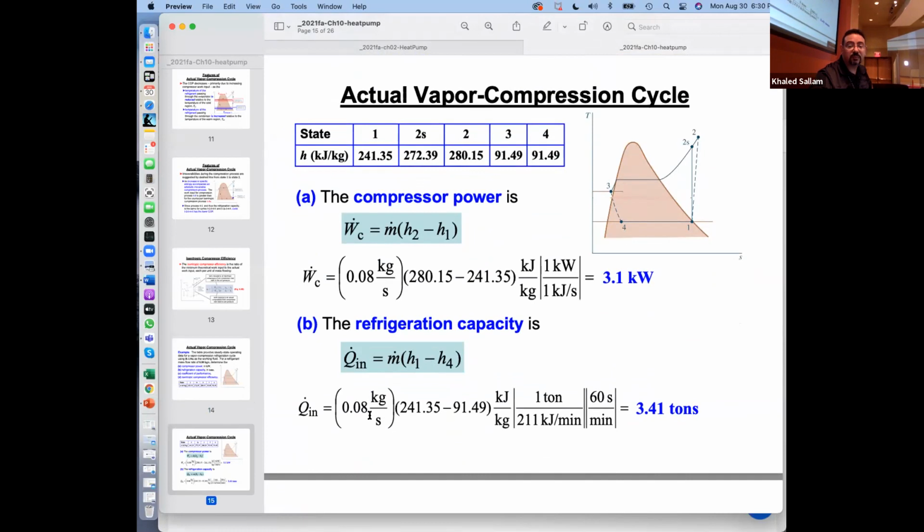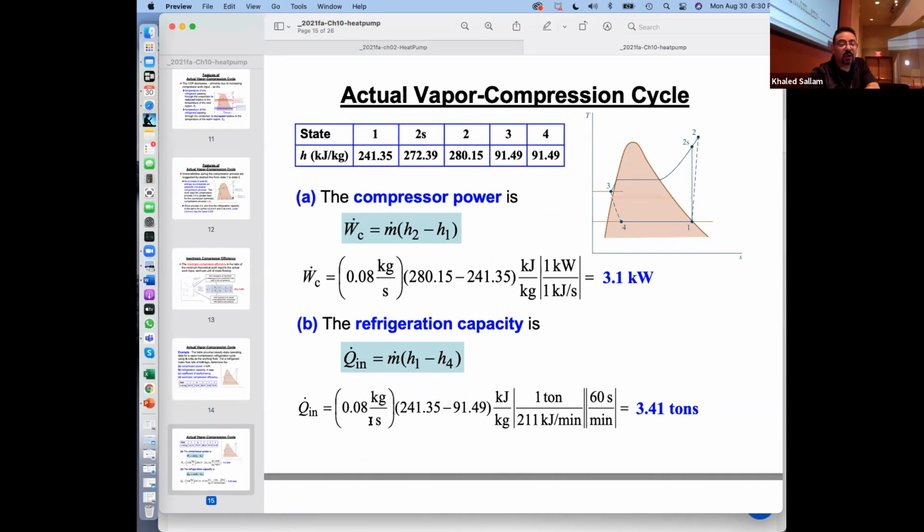And so kilogram per second multiplied by kilojoule per kilogram, okay? And the unit here is, what is it? If I multiply kilogram per second and kilojoule per kilogram, yeah, kilowatt. But then see, 1 ton is 211 kilojoule per minute.